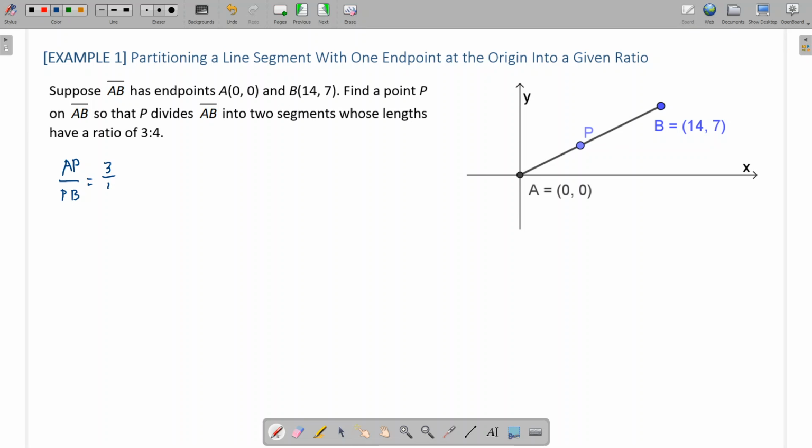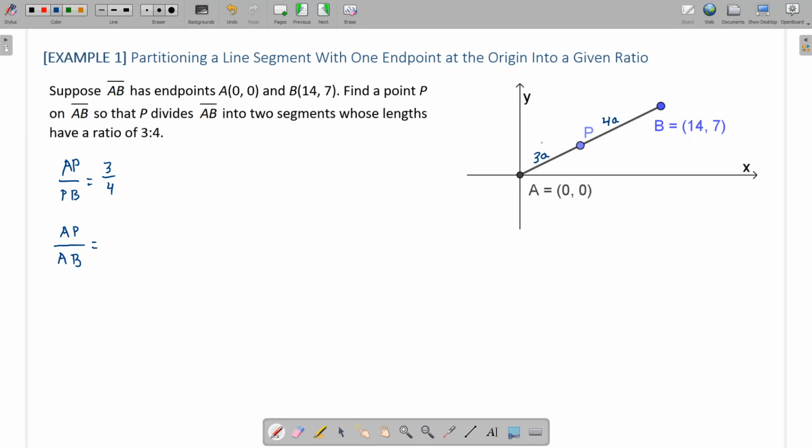we would get the ratio of 3/4. Now, in order to do that, we really want to look at the ratio of AP over the whole thing, AB. Since we know the ratio is 3 to 4 here, we could label this piece as 3 times some number A, and this would be 4 times some number A, just like we've done in previous examples.